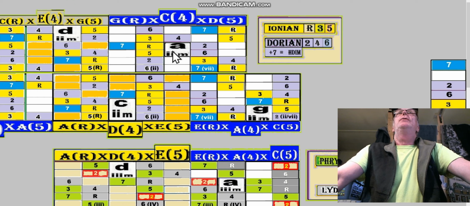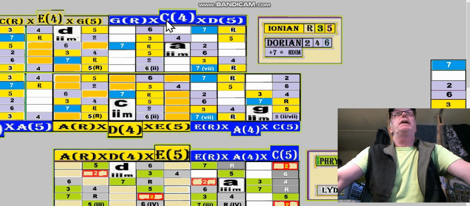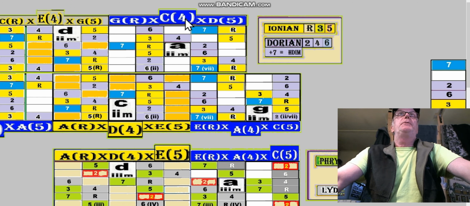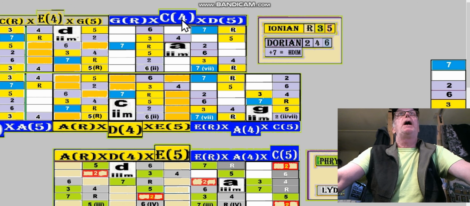All right, so when we look at C4, okay, the A minor is the relative minor of the next pentatonic scale up, which is a C, and the 2 minor is the relative minor of the next pentatonic scale box, which is the 3-4 box.